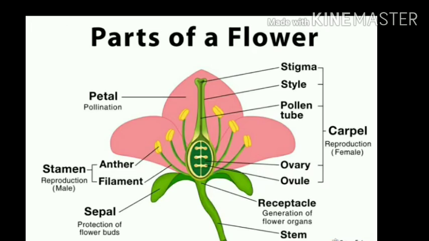So next to stamens, the carpel, which is the female reproductive organ, is basically composed of stigma, style and ovary. So these are the main important basic parts.